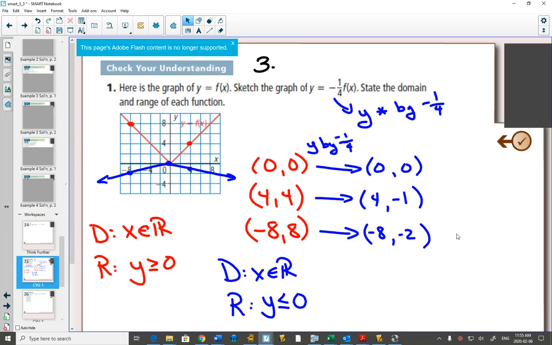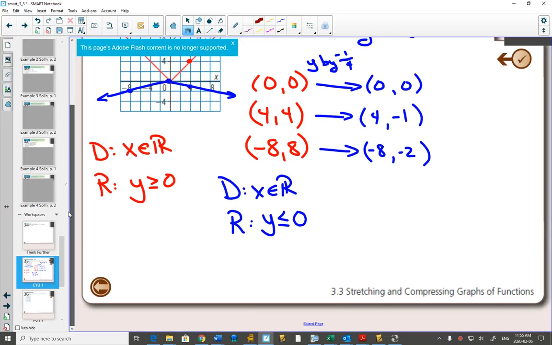Okay, we're going to try question number 3, but before we do that, everything in this question was written in function notation. So I'm going to add a question to this.